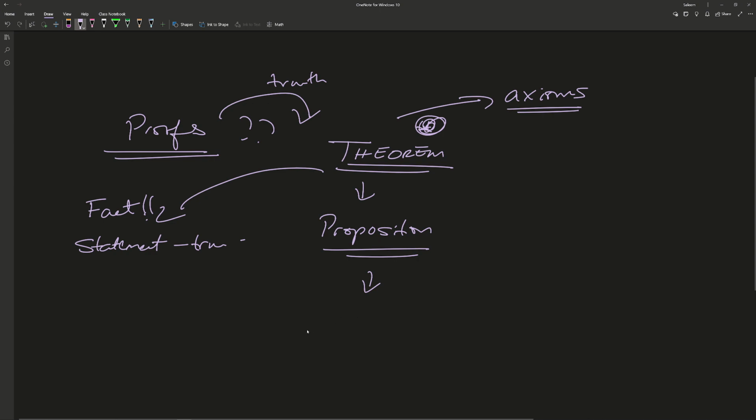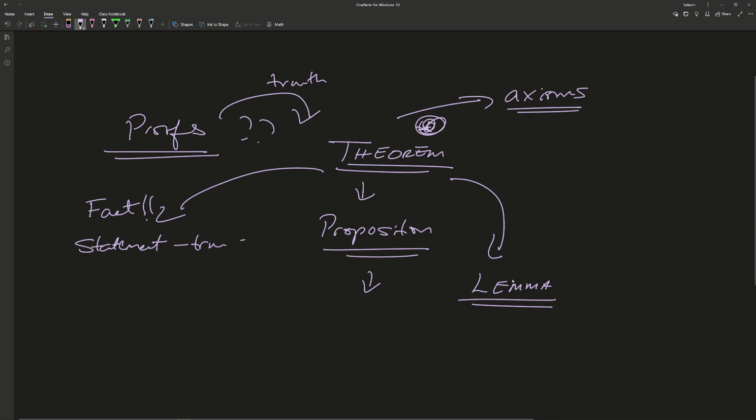After a proposition, we have something that is a less important theorem, and this is called a lemma. This lemma is just a less important theorem, but it's helpful, right? So this is something that is important to us as well.